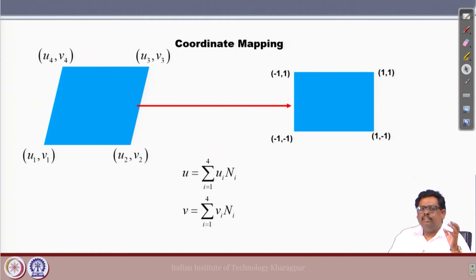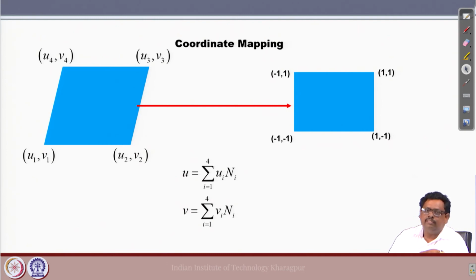However, this isoparametric formulation is a very standard way to define a point and transfer from the global coordinate system, the u, v system, to the natural system through this shape function.